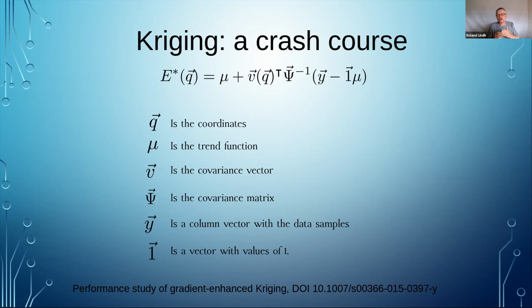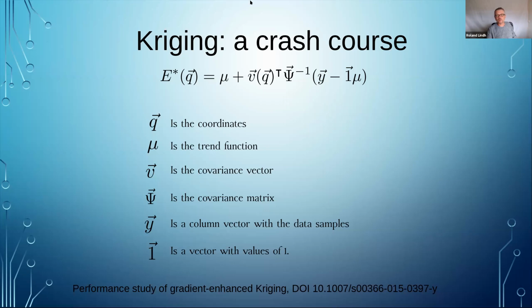We determine the coefficients such that this linear combination, on average, has a zero error. Doesn't mean that the errors are zero for a particular point, but on average, it's zero. And also we determine the coefficients such that the variance of this expression gets as small as possible. If you do that, you get the Kriging method.